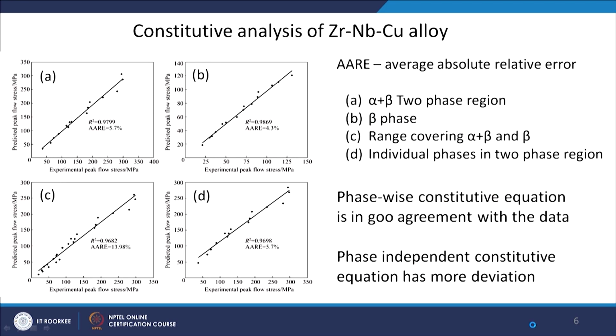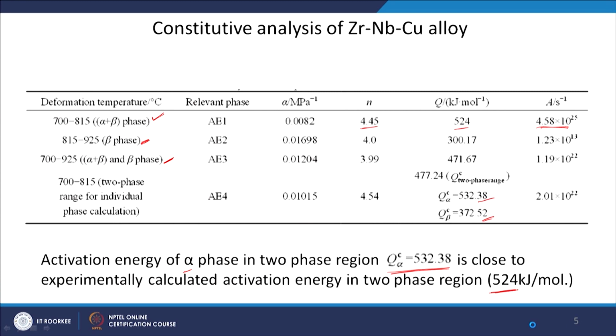So, basically I was trying to tell you how we found out this data for the two phase region. I am just dividing different temperature regions. So, this is my temperature scale. Suppose you have, let us say, flow stress data here.